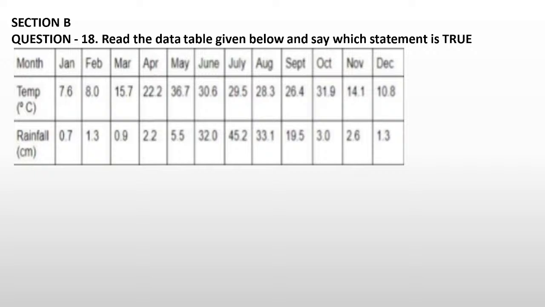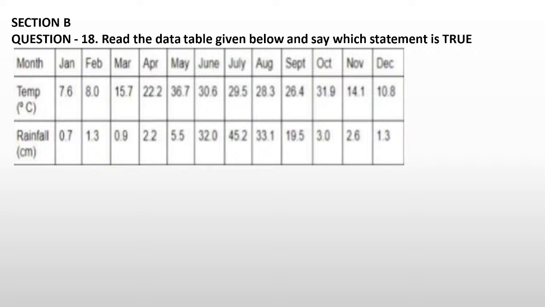January is 7.6, February is 8.0, March is 15.7, April is 22.2, May is 36.7, June is 30.6, July is 29.5, August is 28.3, September is 26.4, October is 31.9, November is 14.1, December is 10.8.